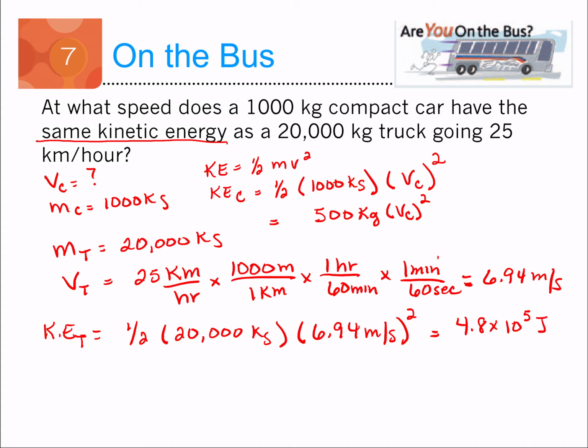Now we want to know the speed when they have the same kinetic energy. So we want to set the kinetic energies equal. So we're going to have the kinetic energy of our car equal to the kinetic energy of our truck. We're going to divide both sides by 500 kilograms.